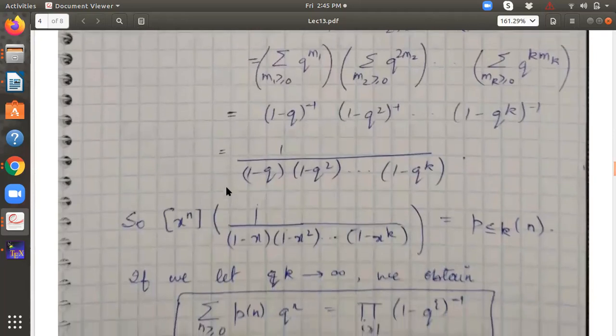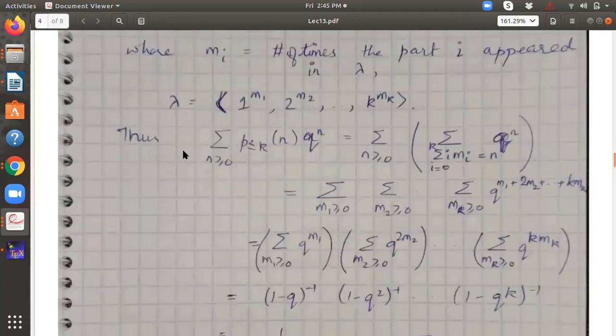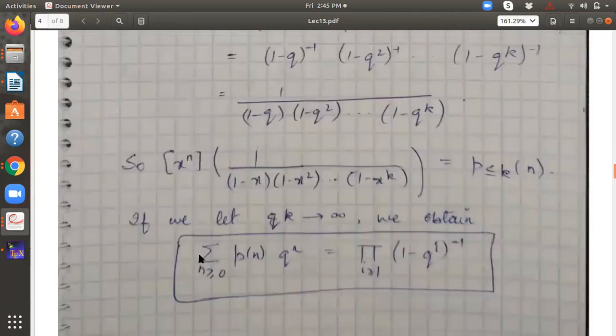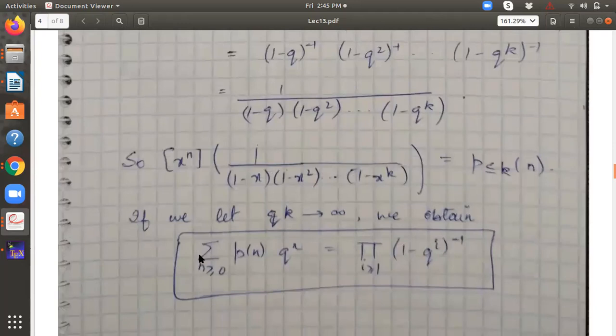Okay. Moving forward, if you let your k tend to infinity, which means you do not really restrict the number of parts this will have, it can have all possible products, depending on the n.